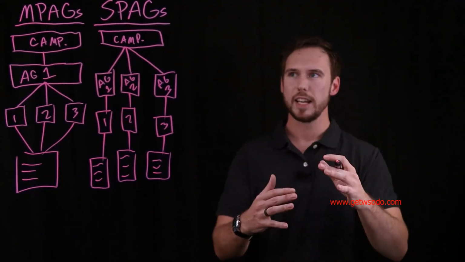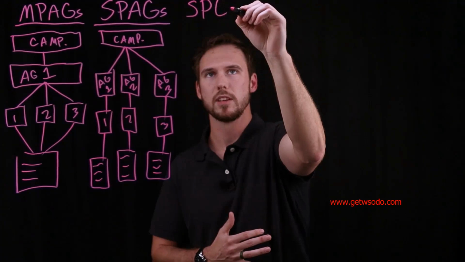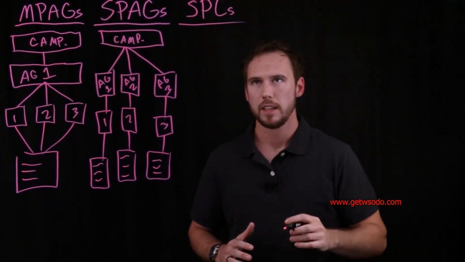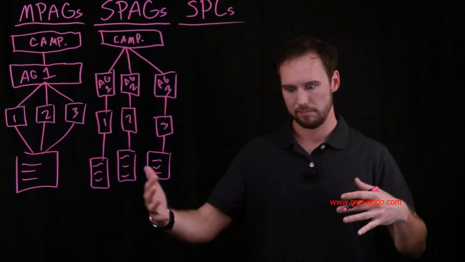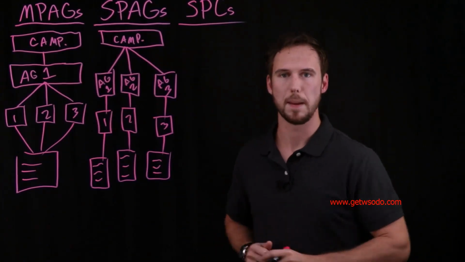So the next layer of this would be looking at single product campaigns. This is our third campaign structure. Now, single product campaigns, just like it sounds, is a single product in a single campaign.